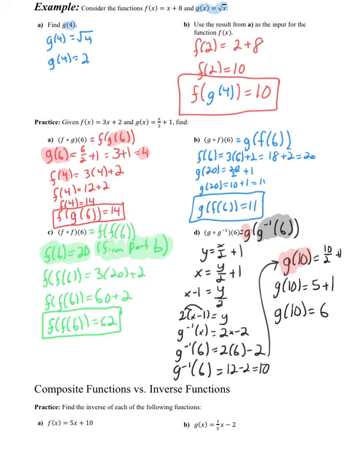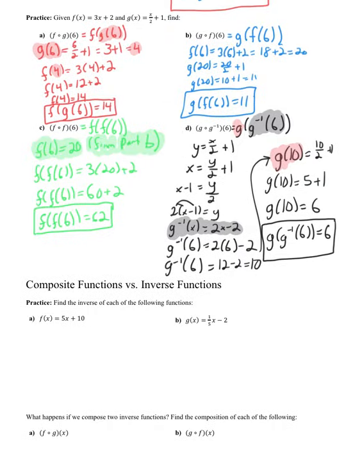G of 10 is 6. So g of g inverse of 6 is 6. All right. So that's the trick for part D. If I give you, hey, find this function composed with its inverse, the first thing you have to do is you have to solve for the inverse, unfortunately. So we had to start by doing that. Get the inverse equation, and now I can plug in and solve. All right, that's the idea with composite functions versus inverse functions.